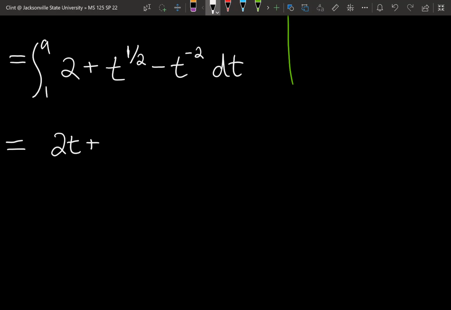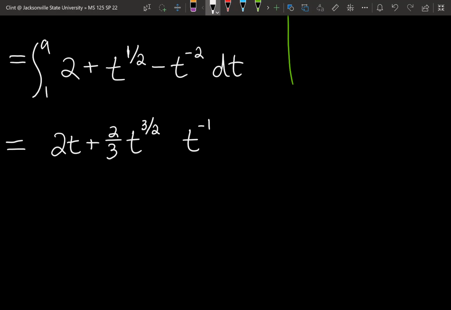And then for the next one, we got t to the 1/2. If we add 1 to that exponent, that'll be 3 over 2. And then flip and multiply since it's a fraction, so 2/3. And then be a little careful on the last one. You have to be extra careful on the signs when you've got a negative exponent. If we add 1 to the exponent, that's going to be t to the -1.